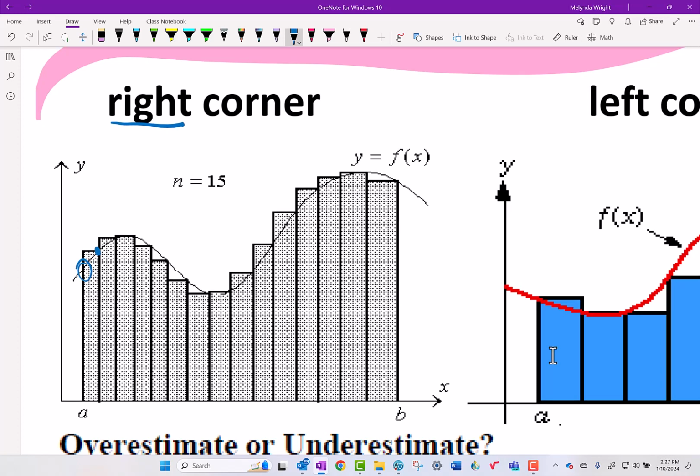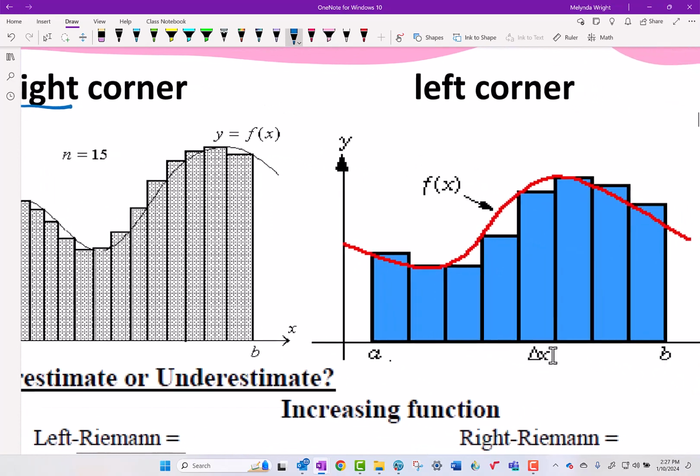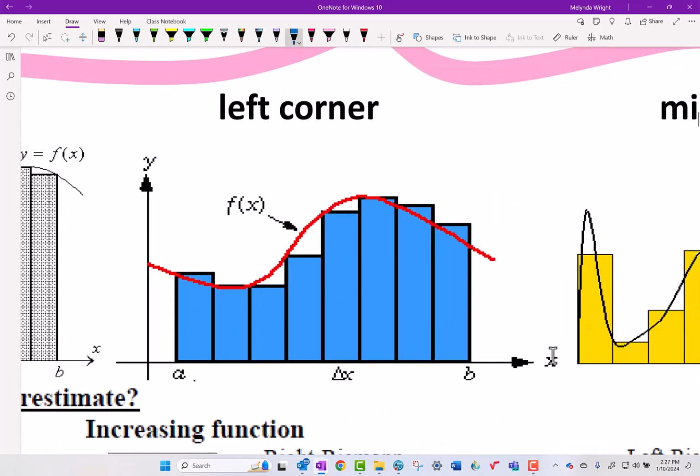So this would be a right Riemann sum, where we would take the height of the right side of the rectangle, and that would determine the height of the rectangle itself. For a left Riemann sum, it's the other scenario, where we would use the left corner to determine the height of this first rectangle. Okay, so that's left and right.